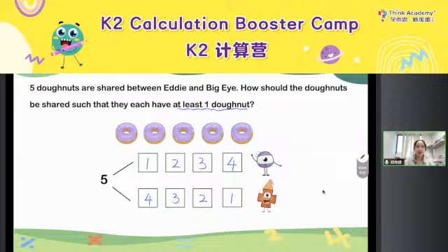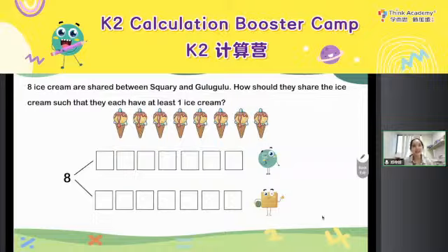All right, are you ready to do some questions? I'm sure that you are, right? So now, wow, dessert. I like ice cream even more than the donuts. What about you guys? So now, here I have 8 ice creams shared between Squarey and Glue Glue.